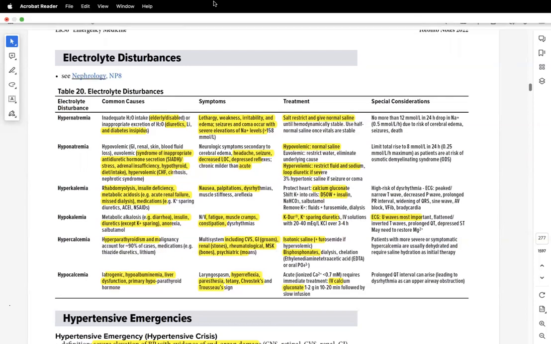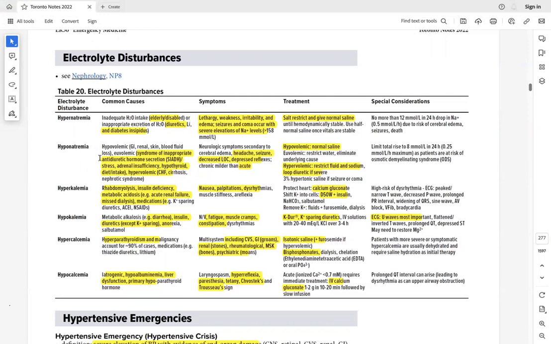For hyponatremia, the patient can have SIADH, adrenal insufficiency, or hypothyroidism. Maybe in the diet there is increased fluid intake, or he or she has congestive heart failure with increased fluid accumulation in the body. They will present with headache, seizures, decreased level of consciousness.